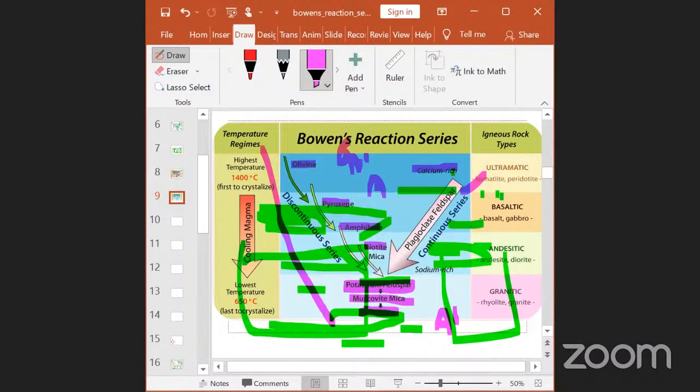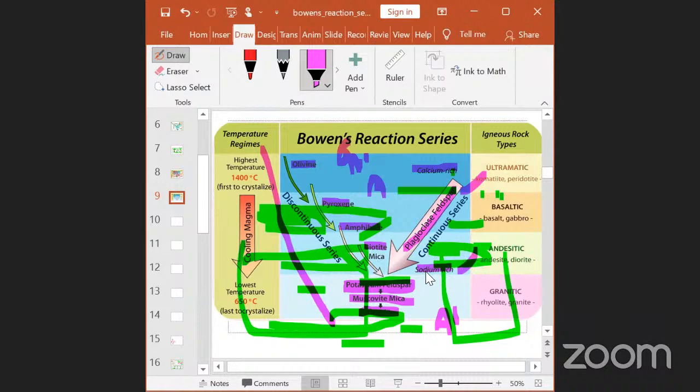As the melt cools down, the calcium is booted out of this plagioclase and replaced by sodium-rich plagioclase, right? If there is enough sodium to boot out the calcium, by the end of this continuous series of the Bowen's reaction series, it is all sodium-rich plagioclase.